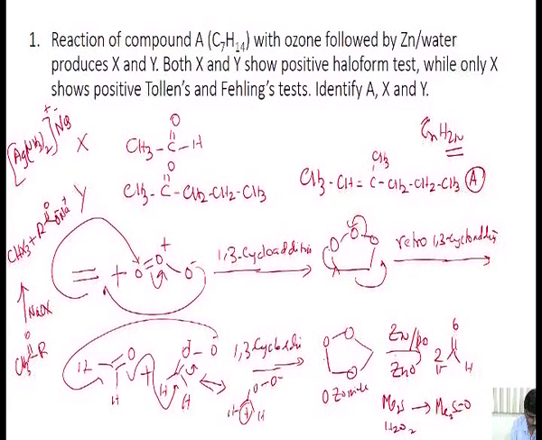Once you have this one, when you react with the aldehyde, it will be oxidized to carboxylic acid. For example, when you react with acetaldehyde, it will be oxidized to acetic acid, and silver 1 will be reduced to silver 0. So you have to use two equivalents of Tollens reagent, and the silver 1 will be reduced to silver 0.